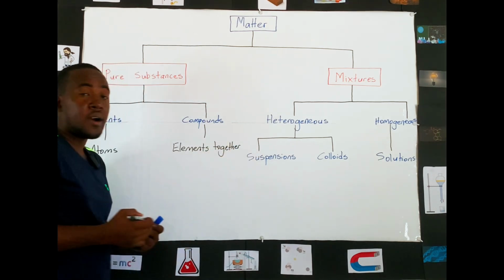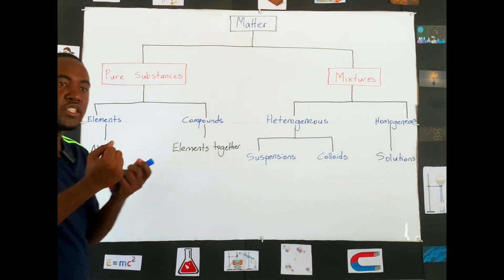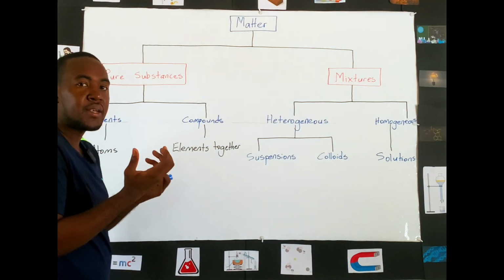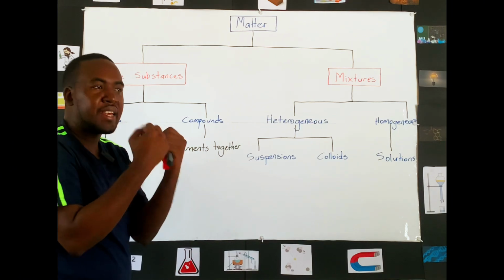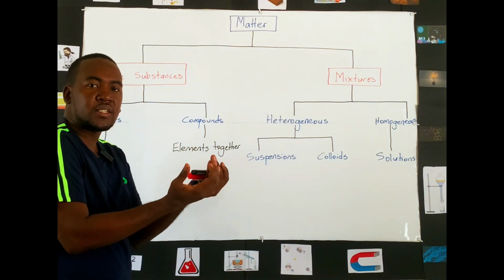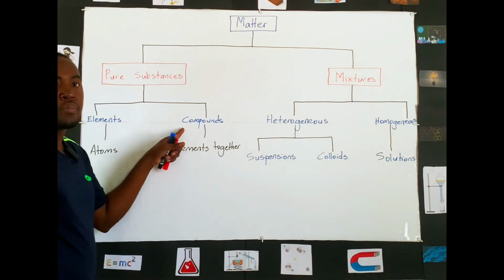And these are chemically bonded, meaning that there has to be some chemical changes that happen to get these two or three elements to be clumped together, and they exist together unless you do other changes to make them separate from each other. So that's what makes a compound.